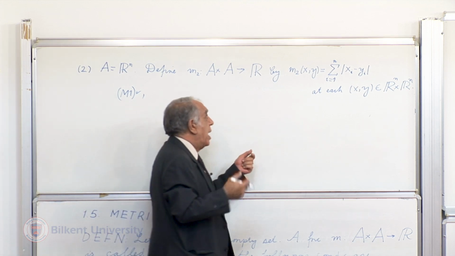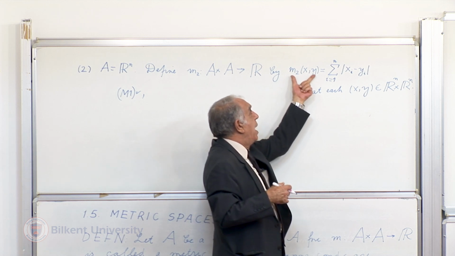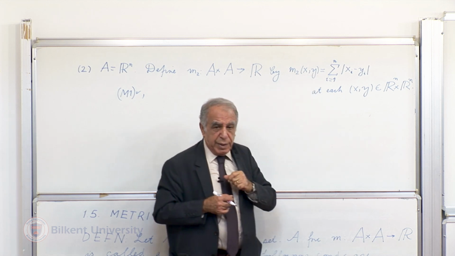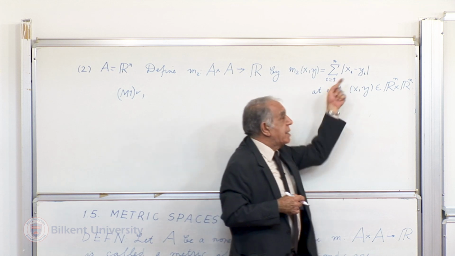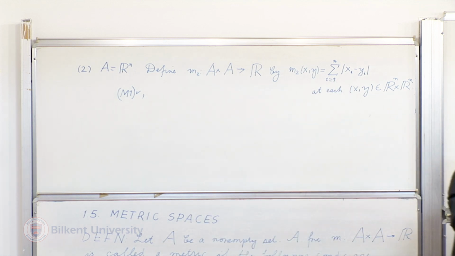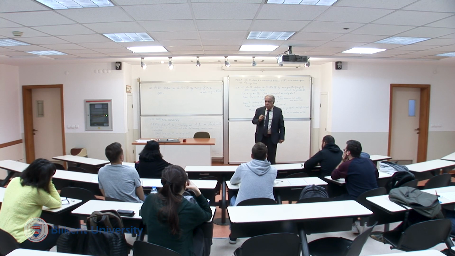Okay. Now conversely, assume that M2xy is equal to 0. Then this sum of n non-negative numbers is equal to 0, but then all the terms individually must be equal to 0, for otherwise the sum would be positive. But if each term is 0, then for each i, xi and yi are the same.